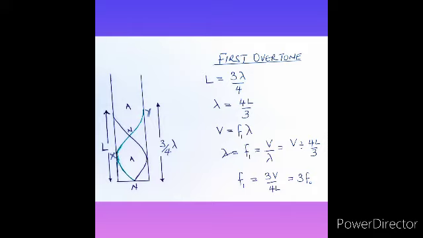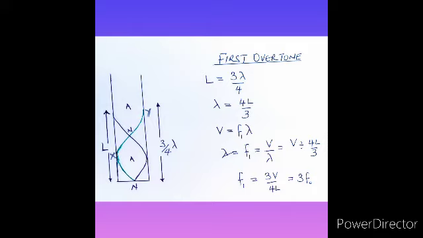So if we make lambda, which is the wavelength, the subject of formula, we have lambda equals 4L over 3. So recalling again the equation of wave, we have V equals F lambda, and now our F is the frequency of the first overtone, so we represent it as F1.